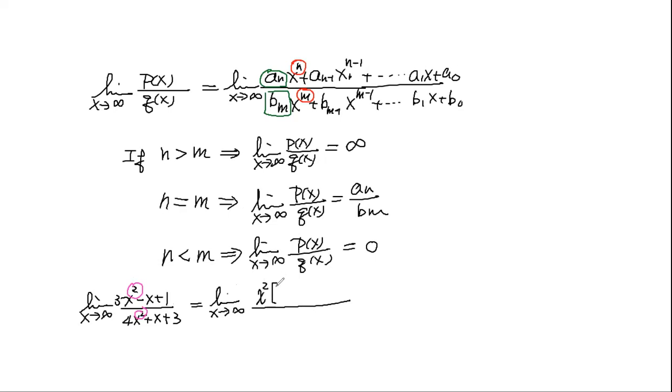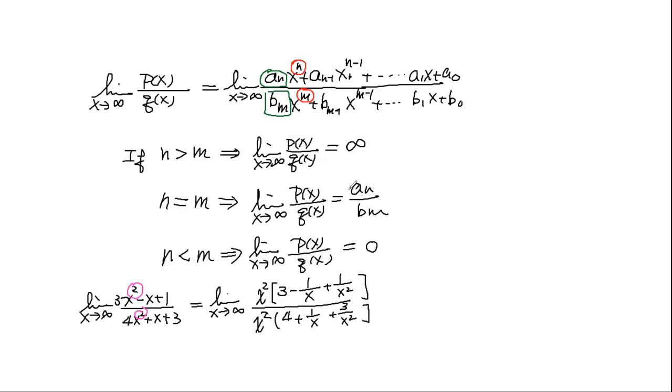On top you will have 3 minus x over x squared, so 3 minus 1 over x, plus 1 over x squared. The bottom, you take the x squared out also, so you have 4 plus 1 over x plus 3 over x squared.